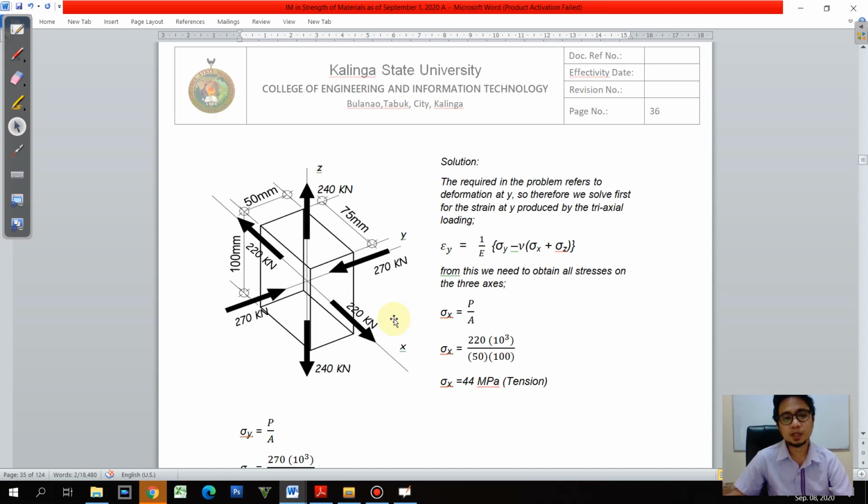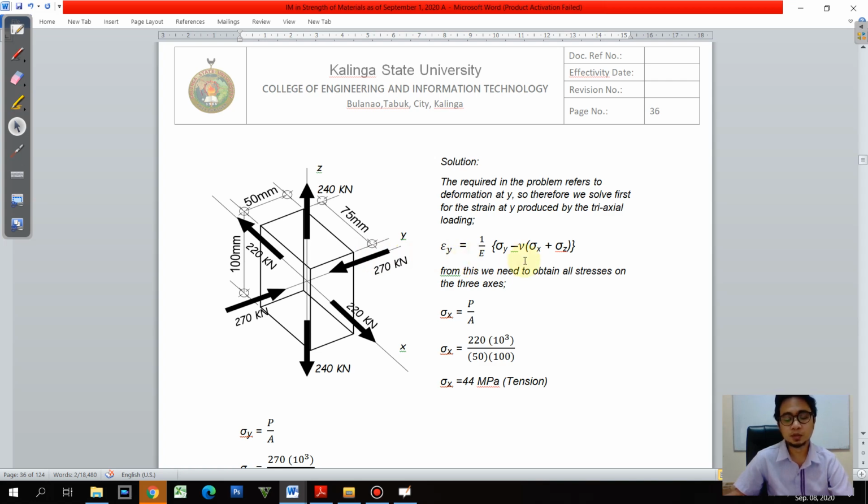So, pag nakuha na natin yun, we will remove all of the loading and then apply a force along x direction so that it will have the same effect or the same strain along y and the same deformation along y.